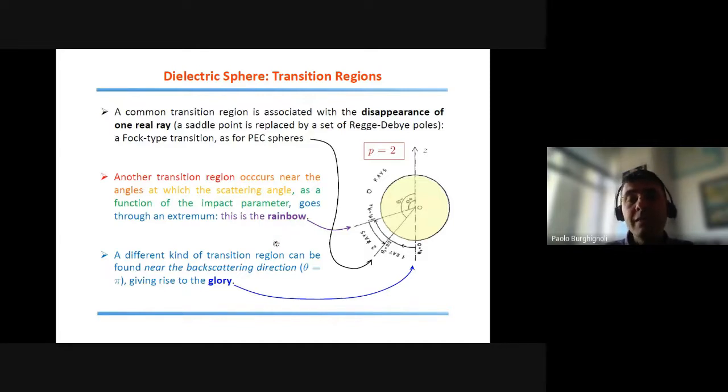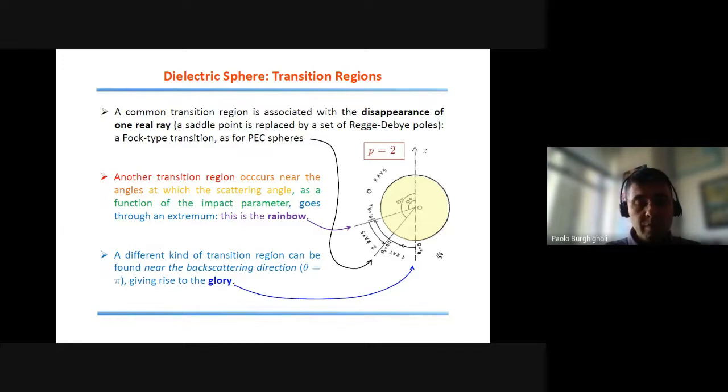And finally, another less well-known phenomenon is that of the optical glory, which occurs in the backscattering region, so close to the direction from which the waves are incident upon the sphere. And this is, again, related to complicated interactions between rays and transition regions.